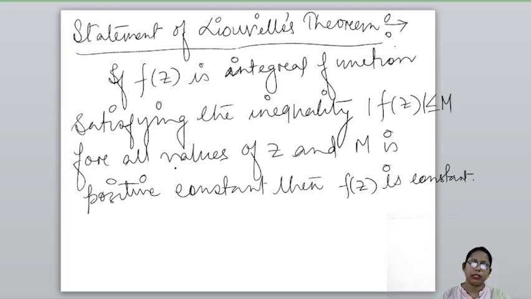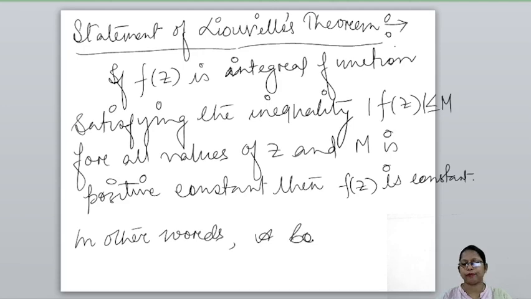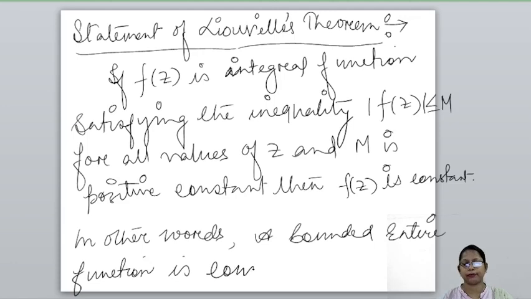This theorem is equivalently stated, in other words, as: a bounded entire function is constant.